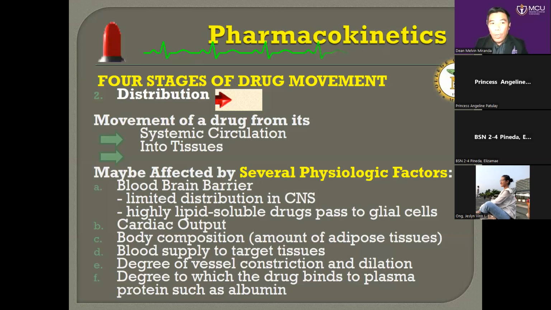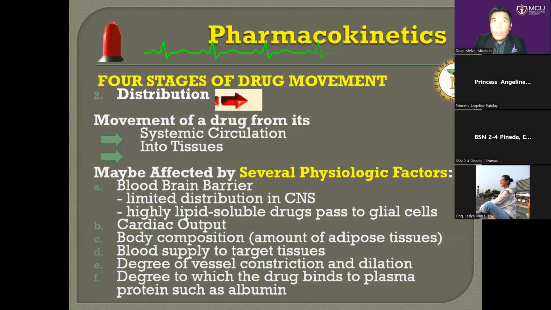Usually pag example ang blood-brain barrier pagka may mga pumasok diyan na mga toxic substance, bacteria, microorganism, blood-brain barrier ang mag-cause ng barrier para ma-hold at mag-cause ng damage. However, pag ang blood-brain barrier is damaged, that will cause a hindrance para mag-cause ng effective distribution of the drug. Next, cardiac output. For the cardiac output, the normal cardiac output is 5,000 ml per minute or 5 liters per minute.